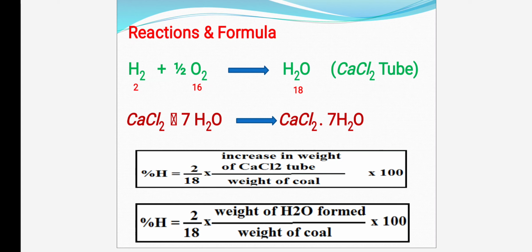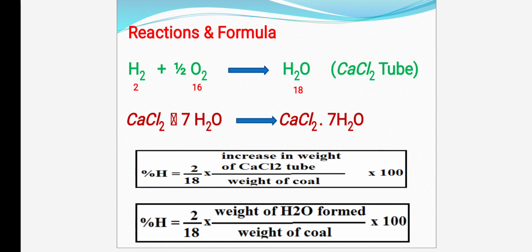We get CaCl2·7H2O, the complex. It means 1 molecule of CaCl2 absorbs 7 molecules of H2O. Now, as H2O is absorbed, the weight of the CaCl2 U-tube increases. So simply you have to find the increase in weight of the CaCl2 U-tube.